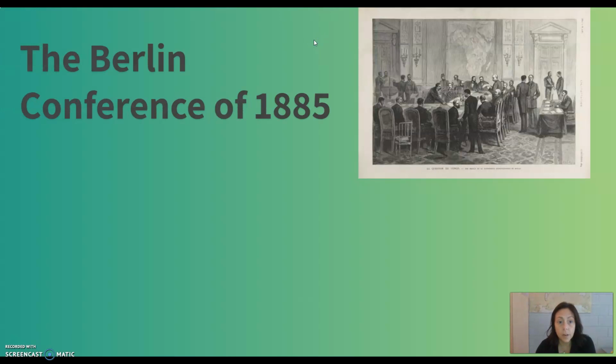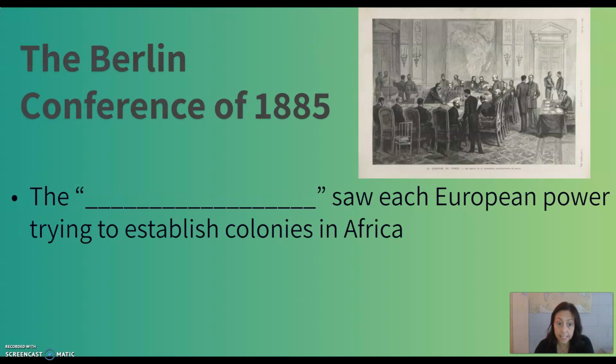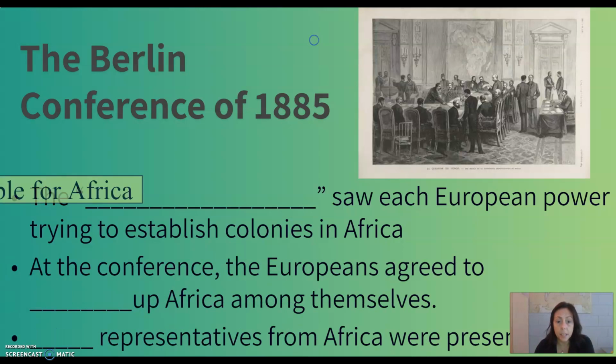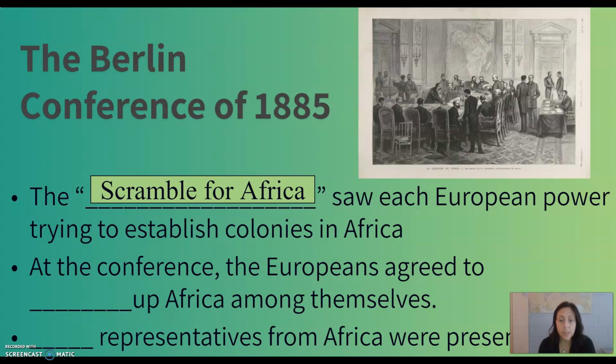Okay. The Berlin Conference of 1885. So the scramble for Africa is what this is referred to, which is that basically these leaders got together.